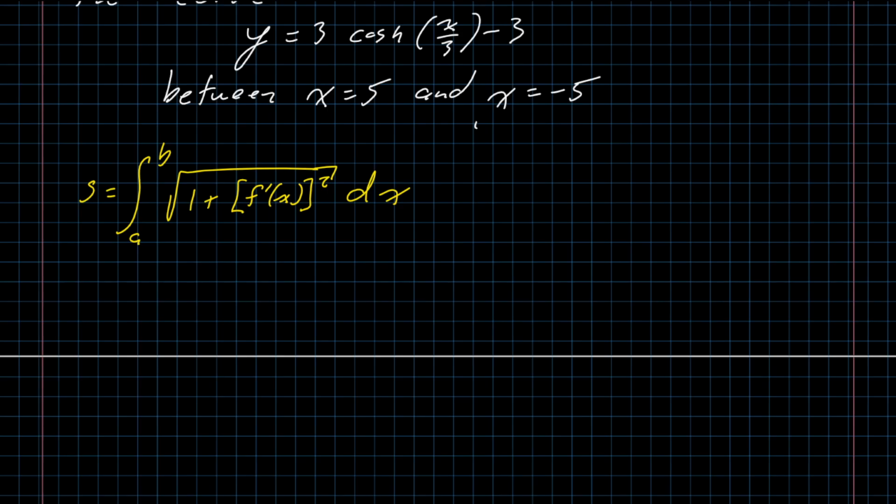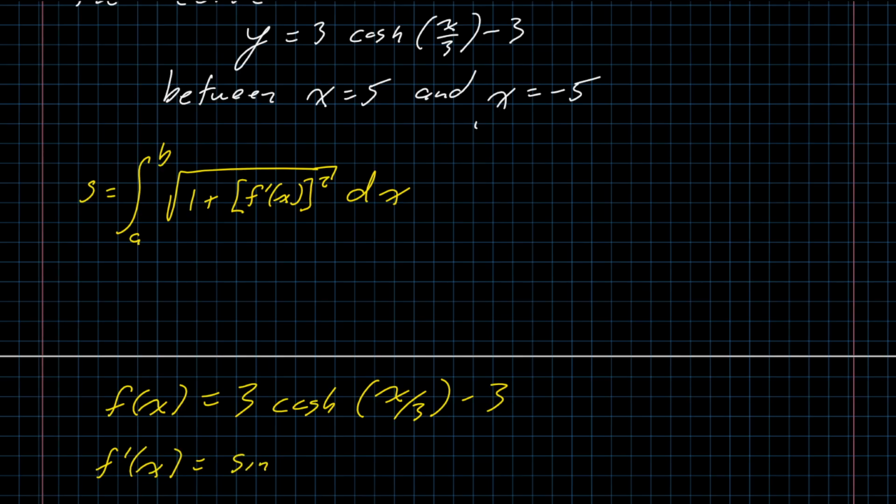In this particular case, we have that f of x is 3 times the cosh of x over 3 minus 3, which means that f prime of x is going to be the sinh of x over 3.